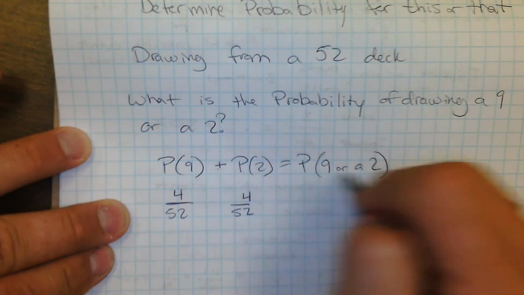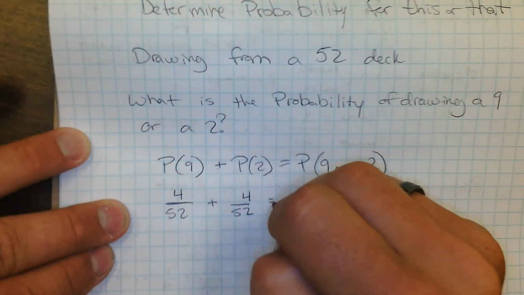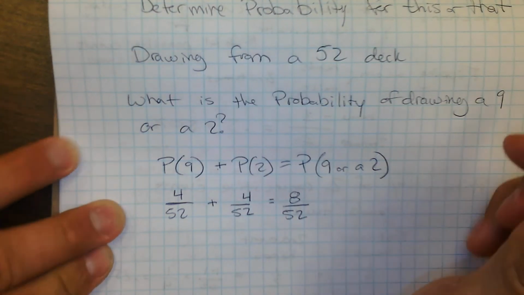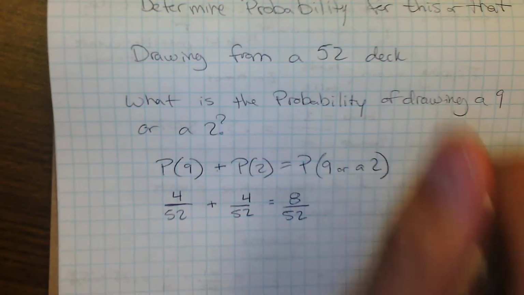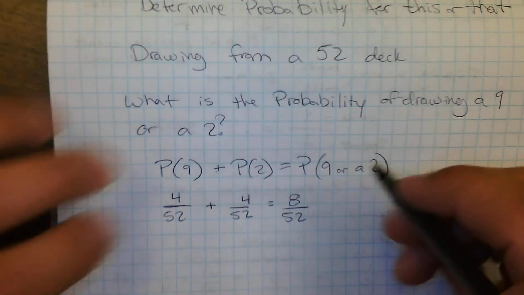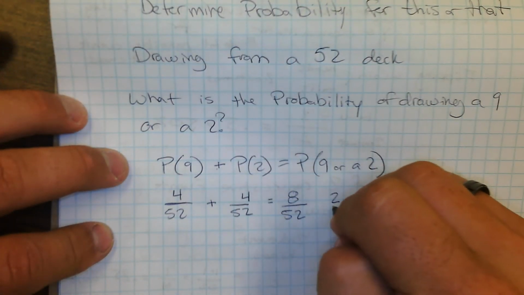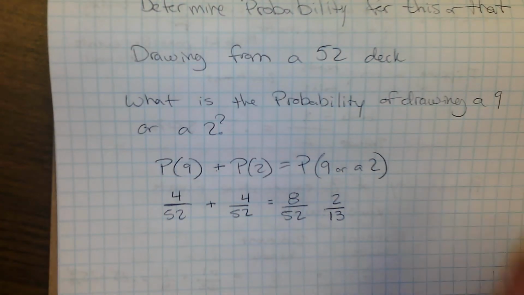So to find the probability of a 9 or a 2, we're going to add them together. We're going to get 8 divided by 52. And then that can be reduced to 2 over 13. Okay?